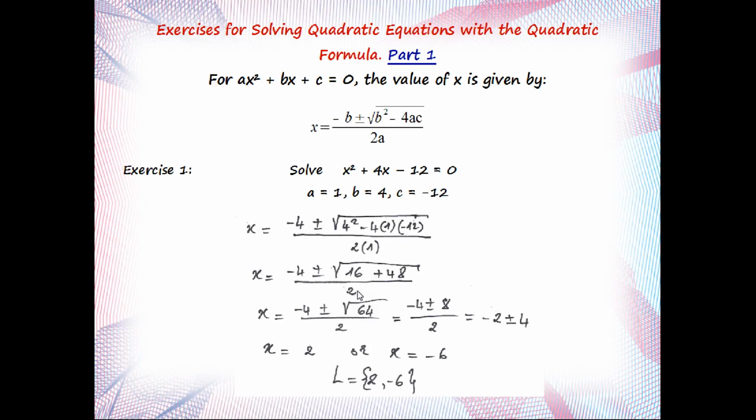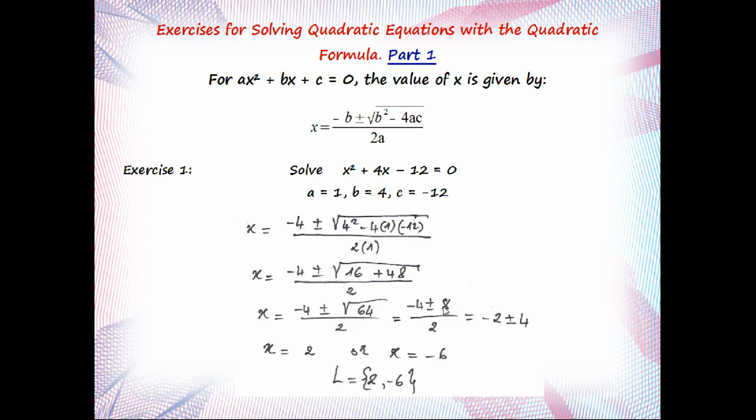So x equals −4 plus or minus the square root of 16 + 48, which is 64, all of that over 2. The square root of 64 equals 8.